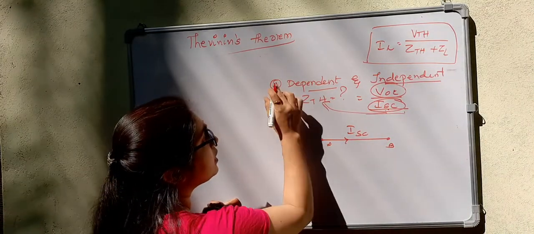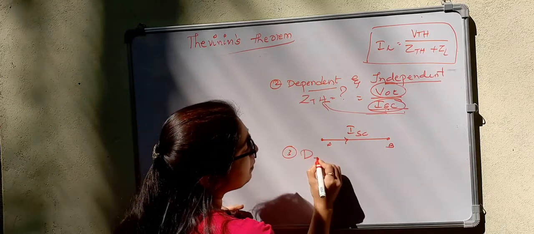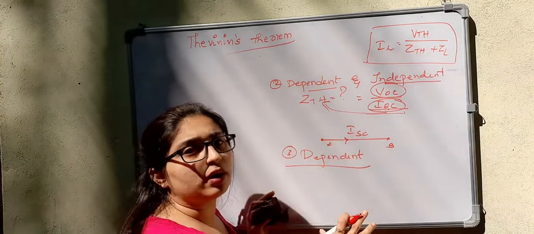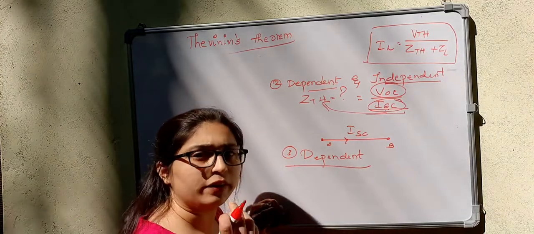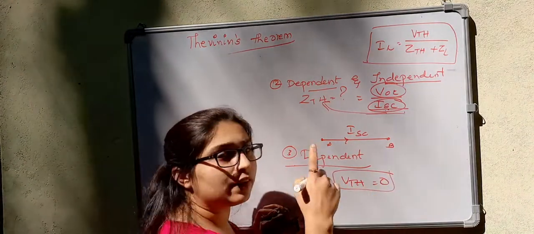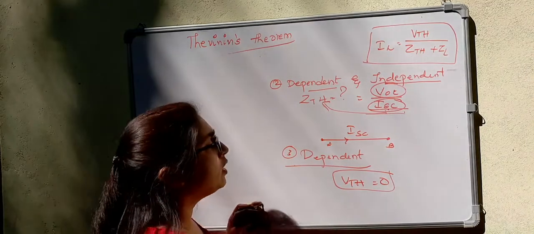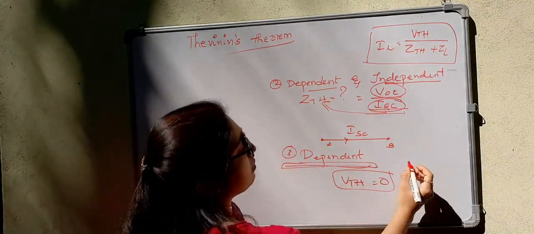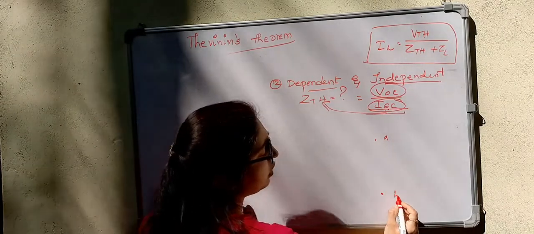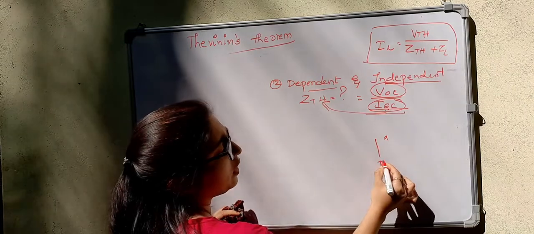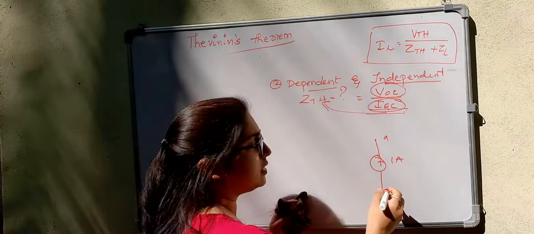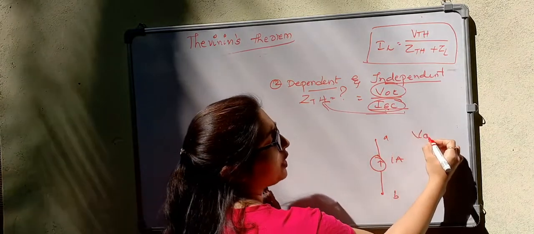But this is the second case: if it has only dependent sources, your equivalent network will just be a resistance, because VTH is equal to 0. That means there will be a short circuit there. Here is how you simplify: if you have the terminals AB, you connect a 1 ampere test current source across these terminals, and you find the voltage VAB.